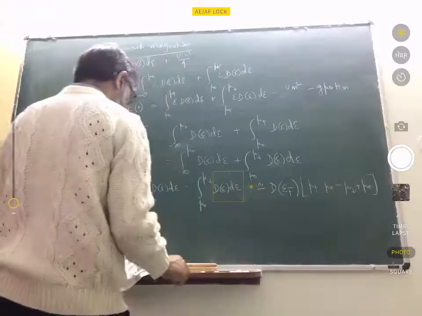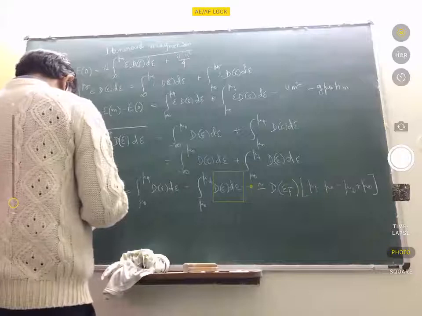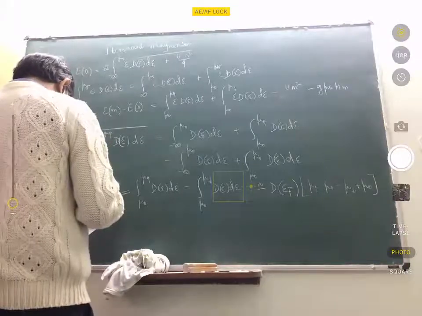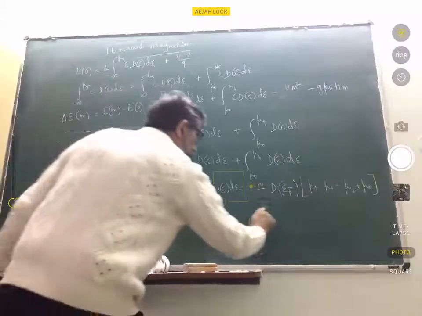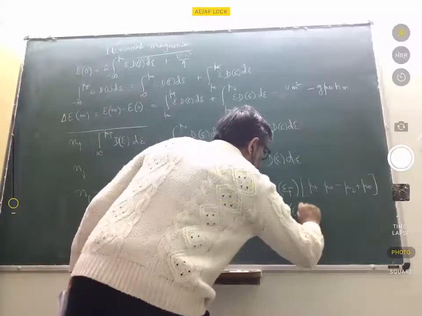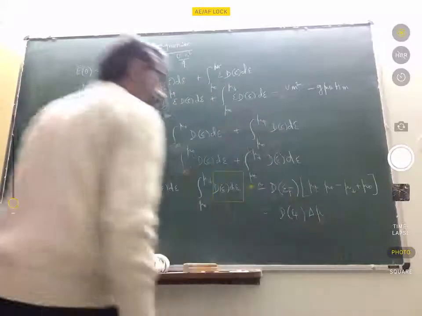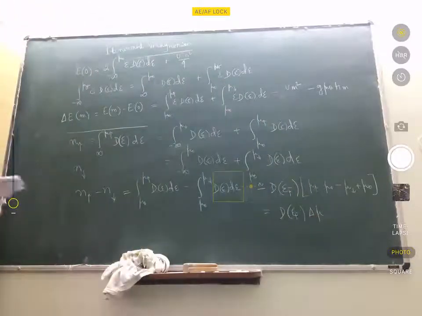So there's a factor of 2 somewhere, or let me just write this as d epsilon. Delta mu is mu up minus mu down.